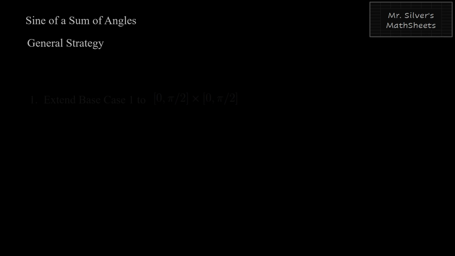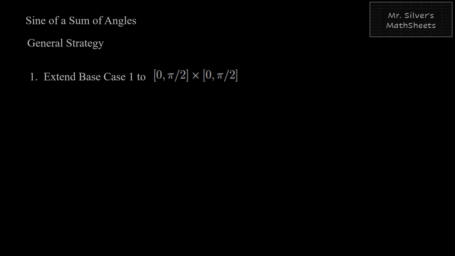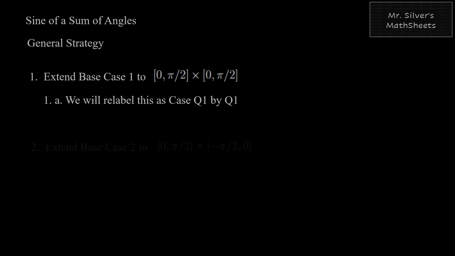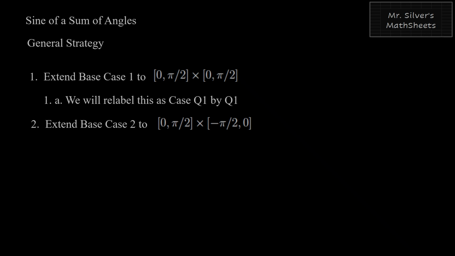Our general strategy will be to extend the base cases to an entire quadrant times quadrant. Base case 1 is the first quadrant times the first quadrant. We'll extend that. And then base case 2 will extend to quadrant 1 by quadrant 4.